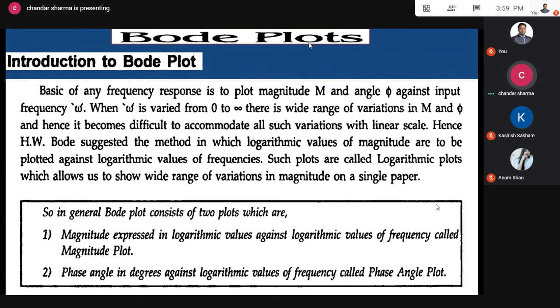Such plots are called logarithmic plots, which allow us to show a wide range of variations in magnitude on a single paper. So in general, Bode plot consists of two plots, a magnitude expressed in logarithm values against logarithm value of frequency called magnitude plot, and a phase angle in degree against logarithmic values of frequency called phase angle plot.